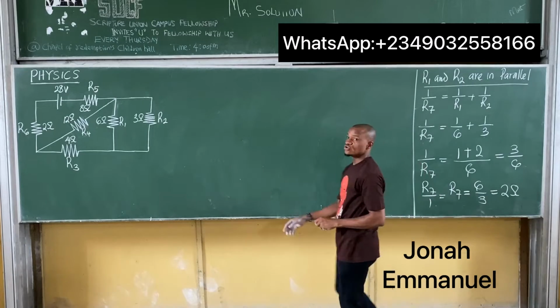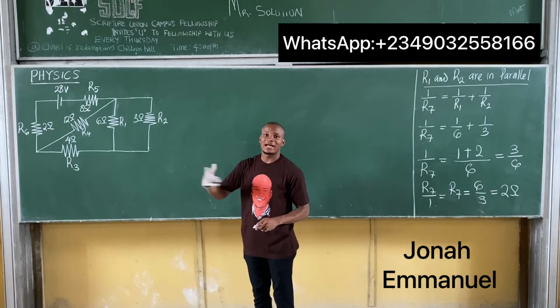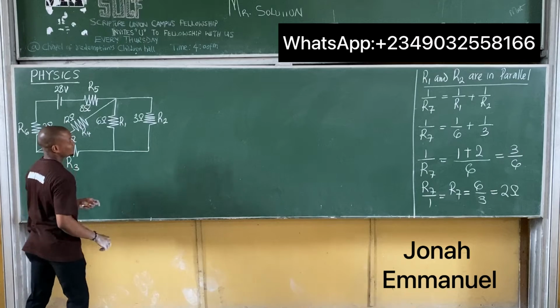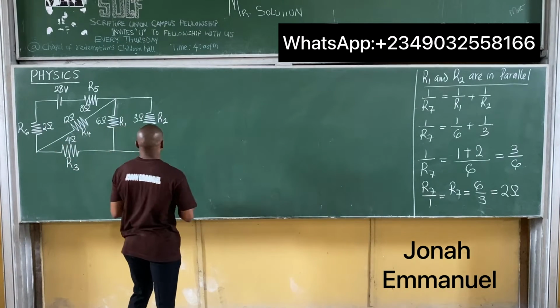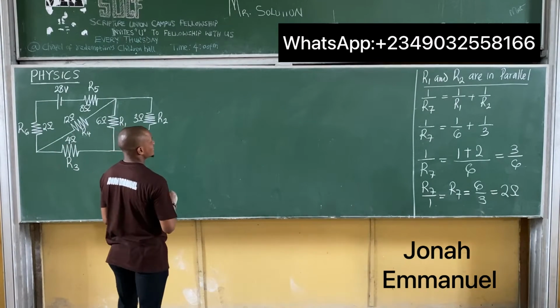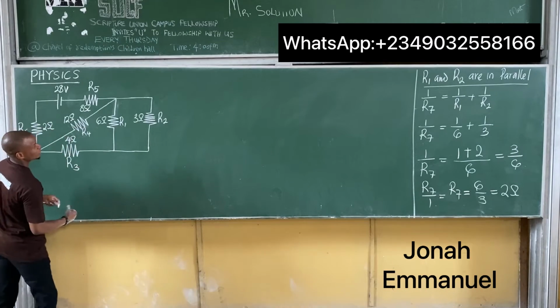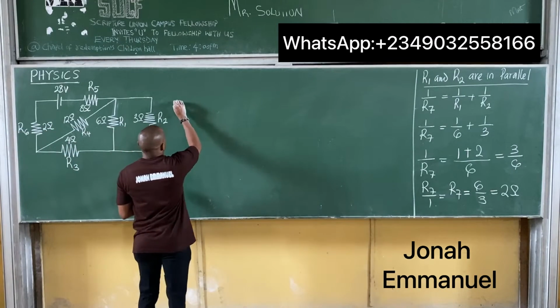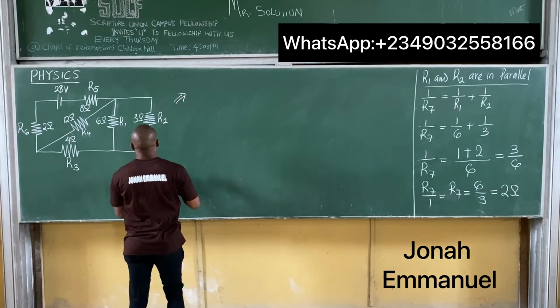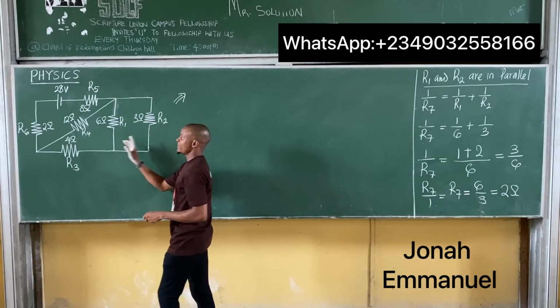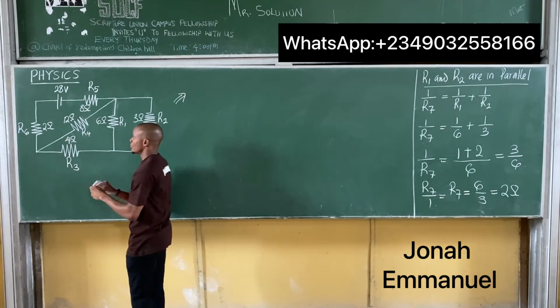From here now, you draw the reduction diagram for this. From here, I have just resolved only these two, so this part here stays the same. So let me redraw this.